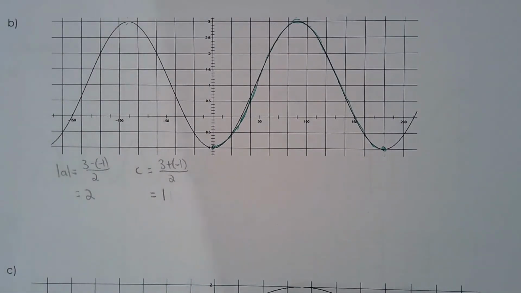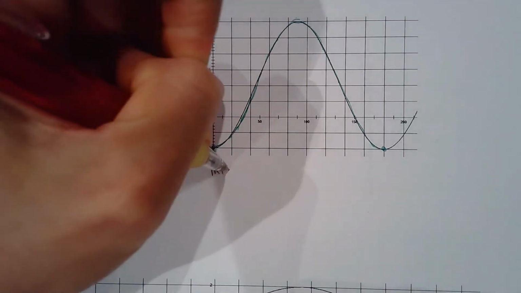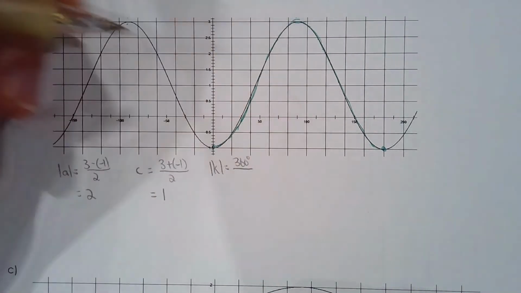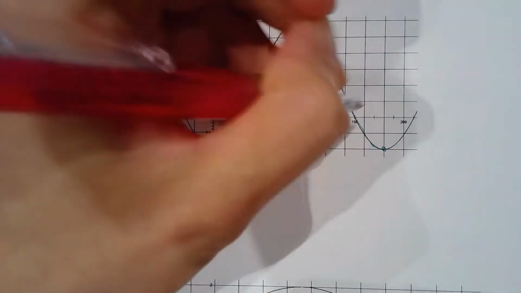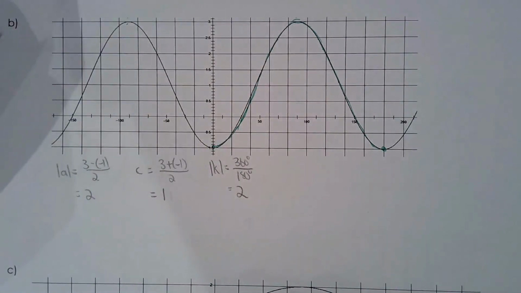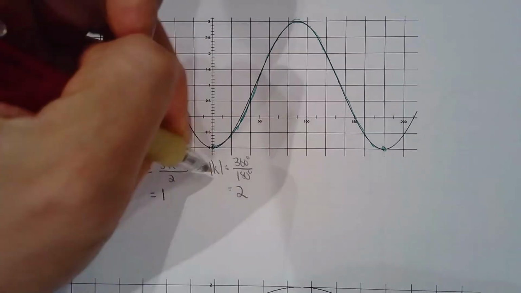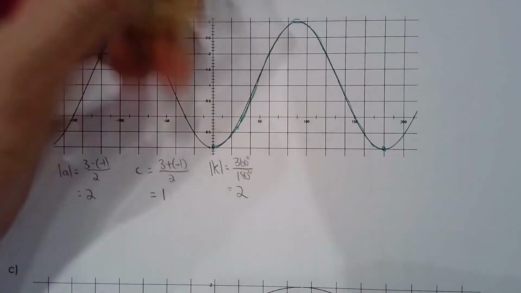So what's the period here? It's 180 degrees, which means K is 2. You must have applied a horizontal compression by a factor of 2. That's the only way to get a period of 180 degrees. So I don't know what D is, but in this case, if this is how I visualize this, then D is 0.